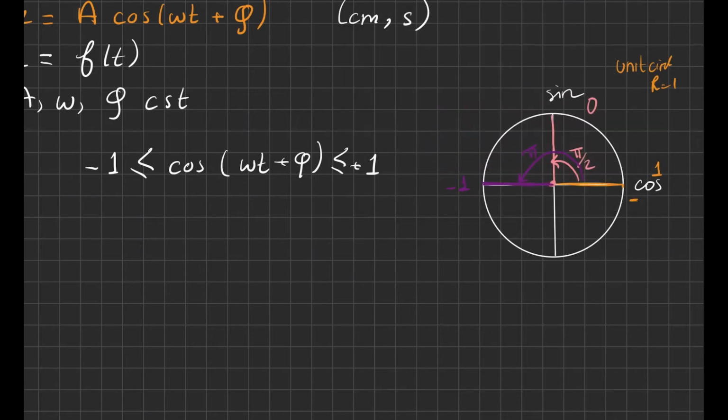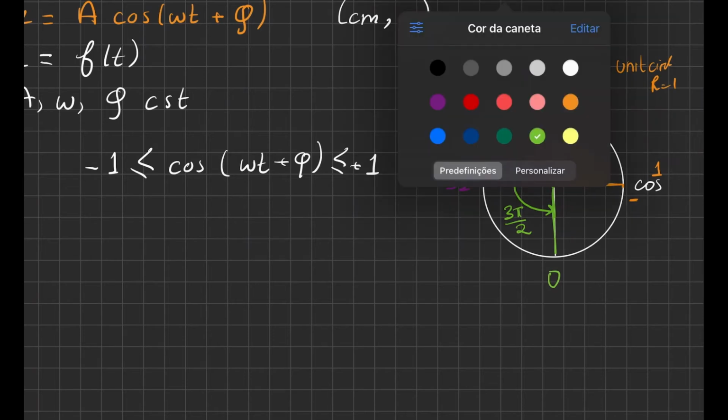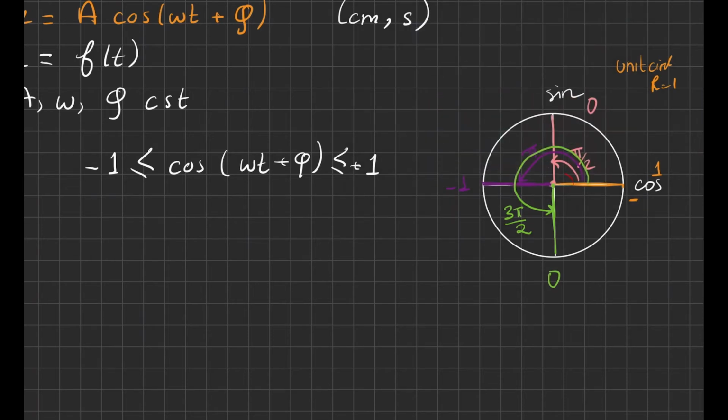Then I'm going to change the color, I'm going to use green. We're going to do the angle here, which is pi plus pi over 2, that is 3 pi over 2. And the projection of this line here is on the origin, which is again 0. Now let's do a full circle. The full circle would be all of this, which is 2 pi.